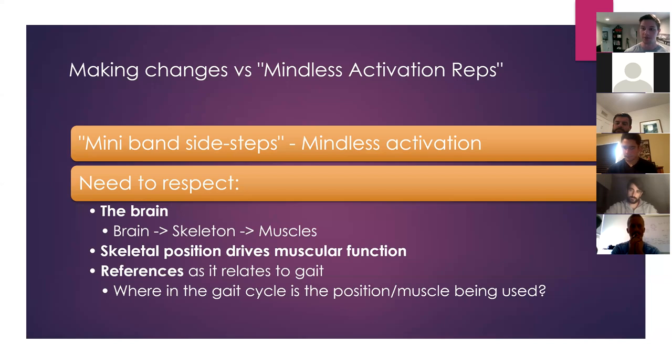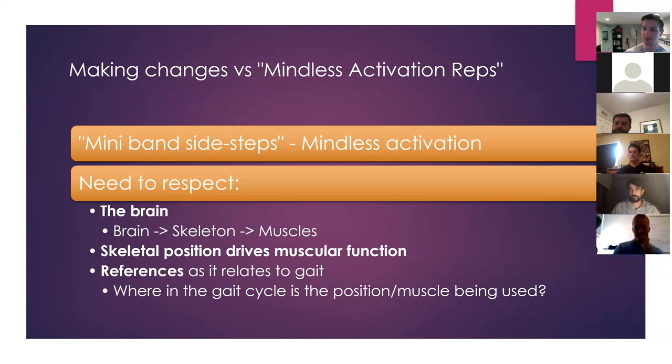So we also want to think about references as it relates to gait. I don't know if you guys saw my Instagram post about training the glute med, but why would we do mini band side steps when, let's say, you're probably working the abductor fibers, right? So that would be more of the posterior glute med. That would be associated in gait with hip extension and that toe off. So we would be on our big toe.